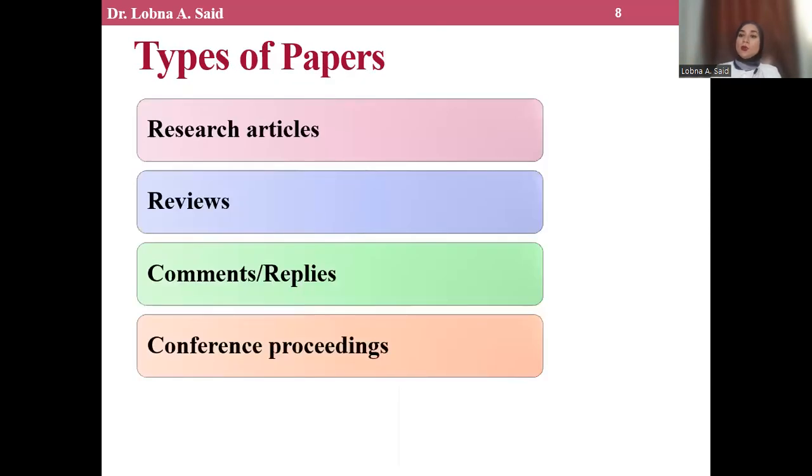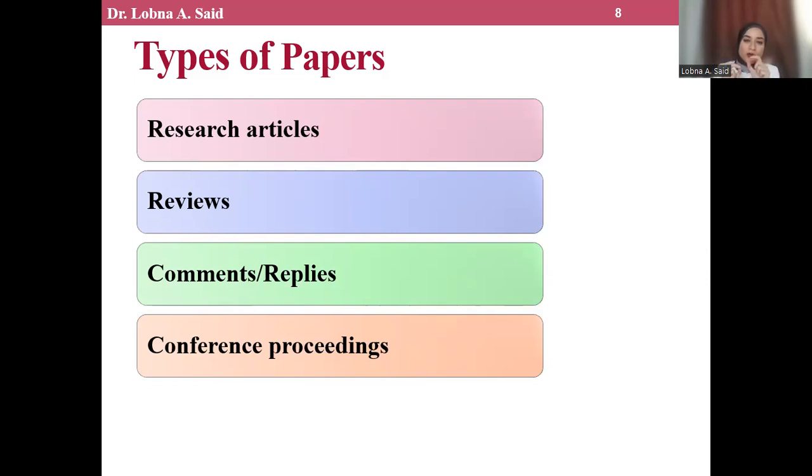Okay, let's talk about what kind of papers we could publish. We could publish research articles. We could publish reviews. We can have comments or replies to already published papers, where we comment on it or reply to a specific part of it. And we can do conference proceedings. Of course, conferences don't require so many new results, but you can have some of your results.